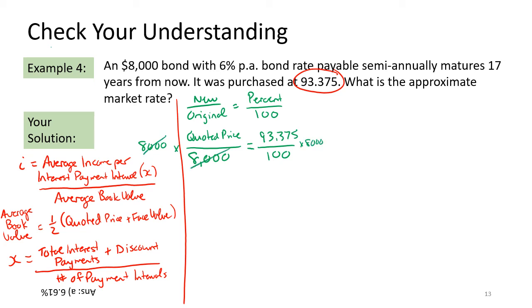On the left, the 8,000s cancel, and our quoted price is equal to 93.375 divided by 100 times 8,000, the face value of the bond. And you arrive at $7,470.